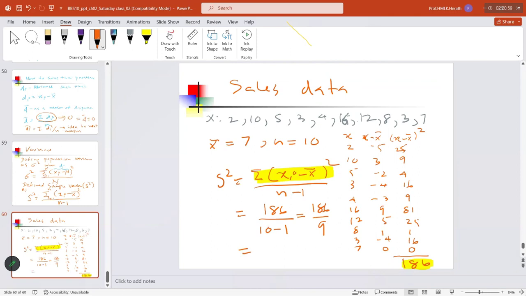This equals 20.67. So this is the sample variance of the sales data.